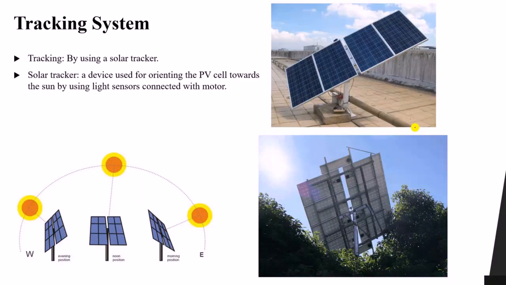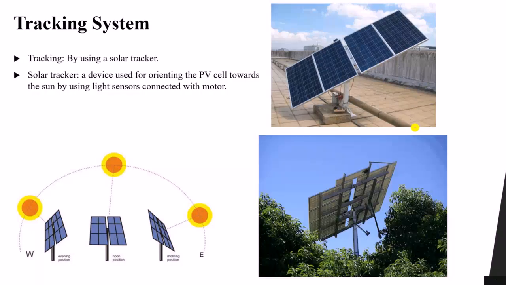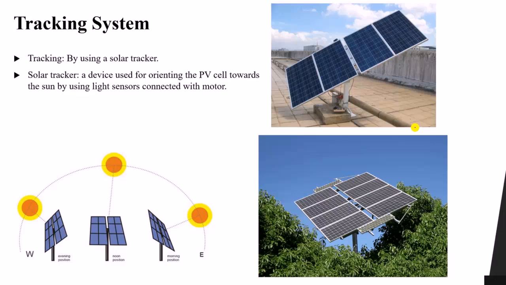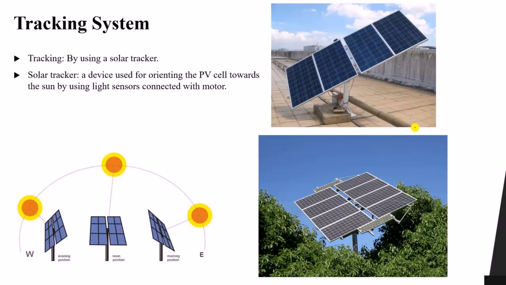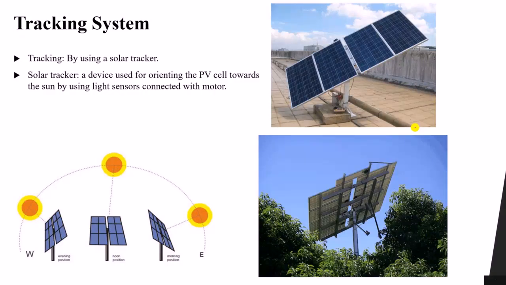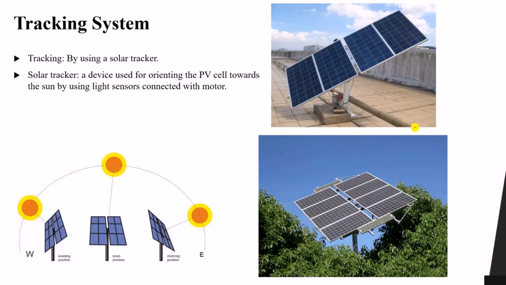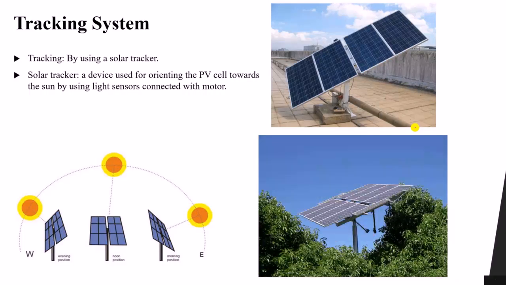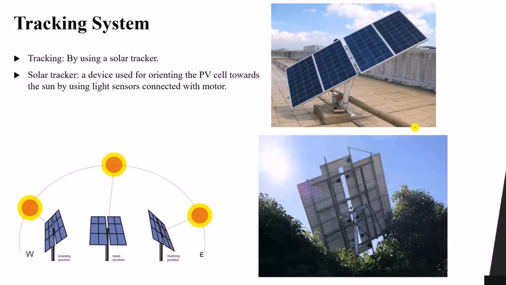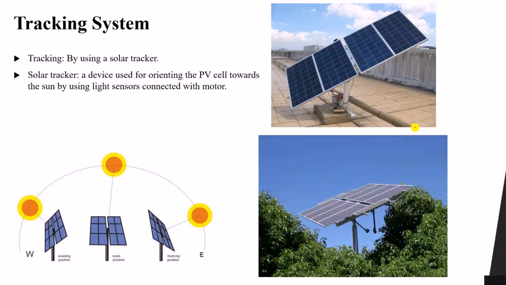How does it do this? Using light sensors connected with a motor. These light sensors sense the light, and according to the signal coming from them, they cause the motor to operate and change the position of the PV panel.